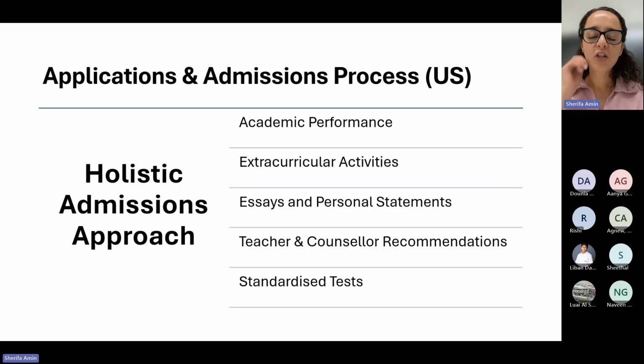This was also a question asked in one of the forms about the standardized test, whether the SAT is still required. Most things in the university world are changing every day, okay? And what I tell you now can change by the time your children are applying.